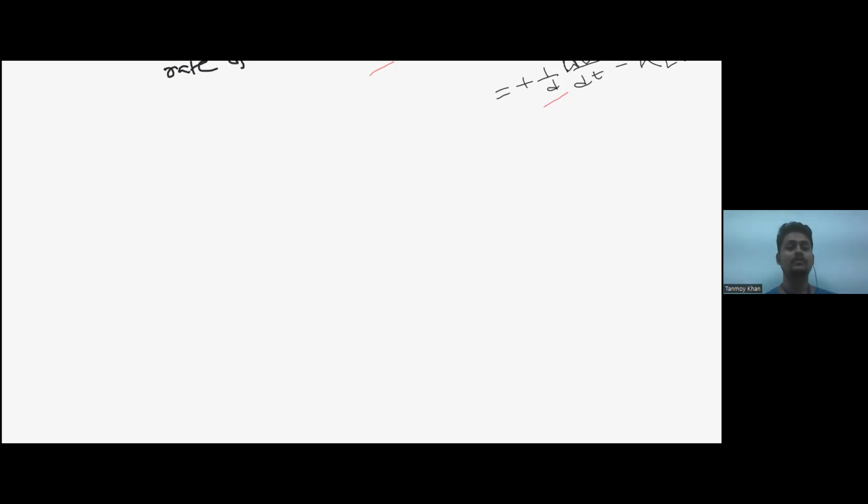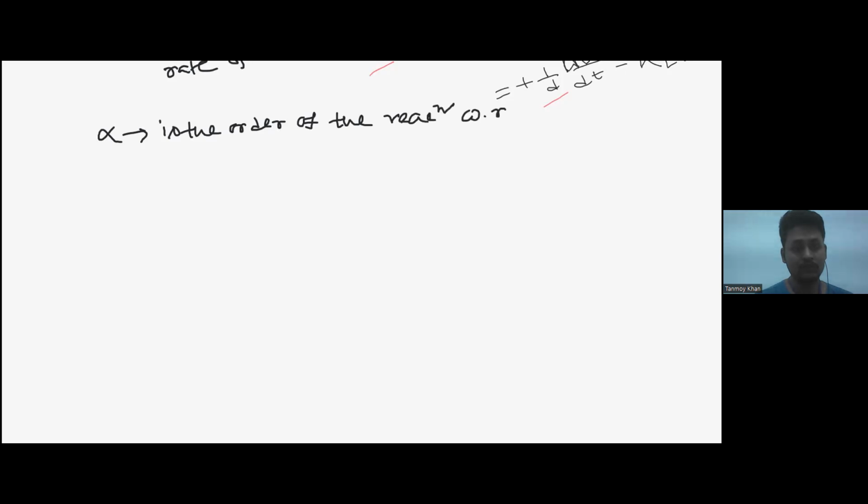So alpha is the order of the reaction with respect to the I species.